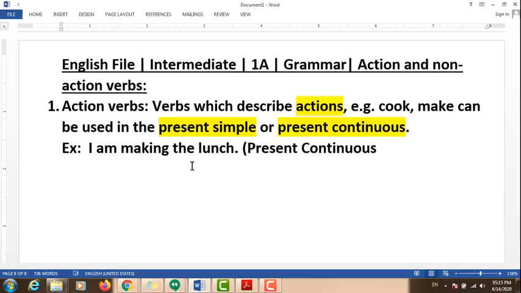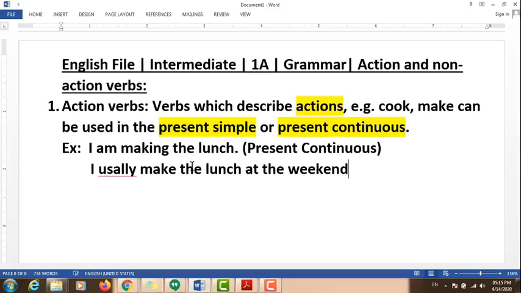Next, for example, I usually make the lunch at the weekend. I usually make the lunch at the weekend. So this usually shows that it's simple present or present simple.